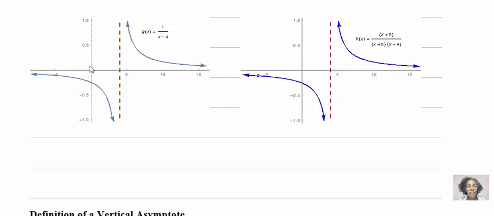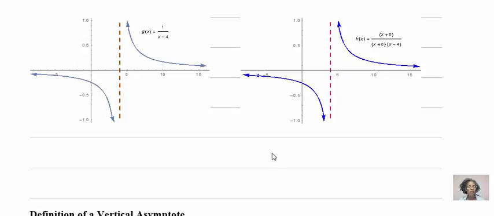What I want you to notice is that these graphs almost look identical, but there's one place where they're different, and that's when x is negative 6. h of x has a hole in its graph there. g of x does not.